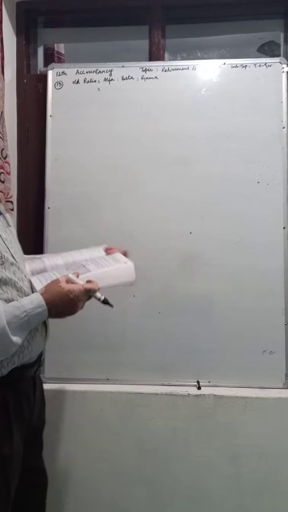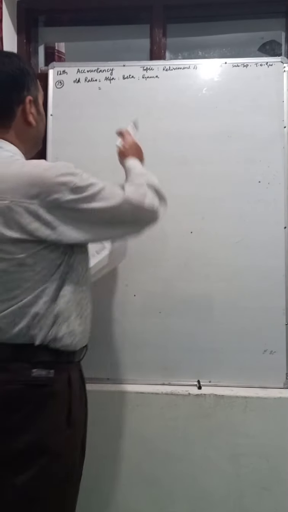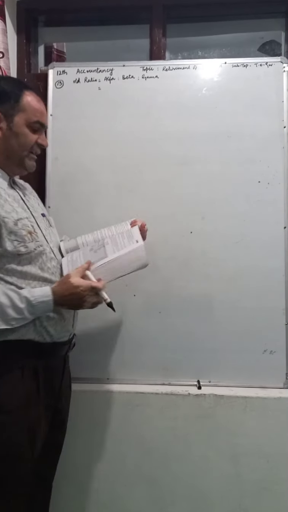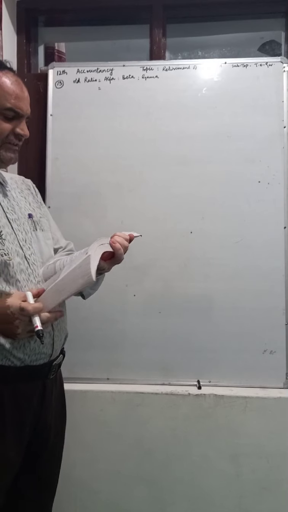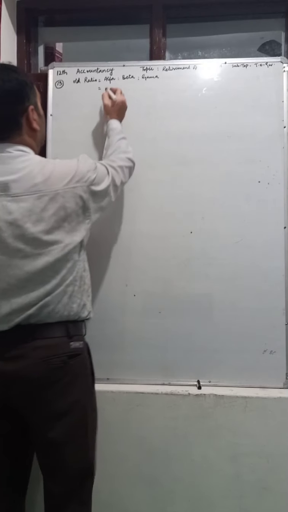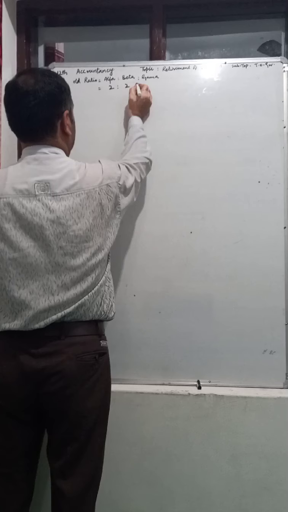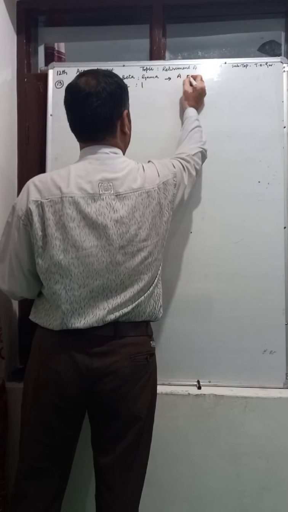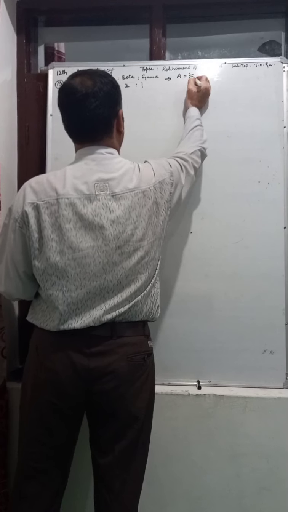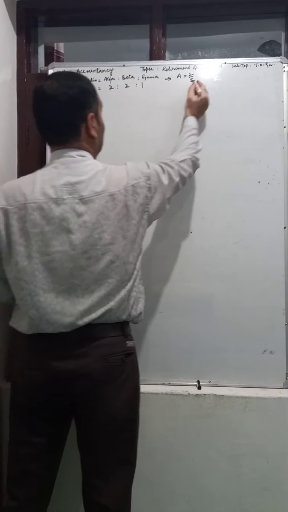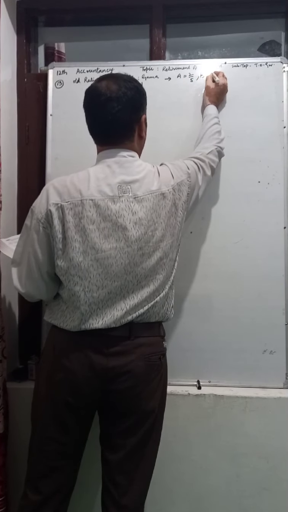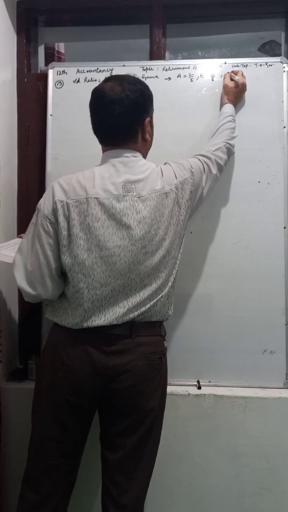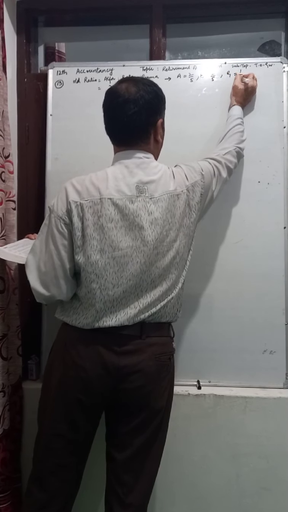Here we have three partners, Alpha, Beta and Gamma. They are sharing their profits in the ratio 2:2:1. That is, Alpha equal to 2 by 5 (2 plus 2 plus 1), Beta equal to 2 by 5, and Gamma equal to 1 by 5.